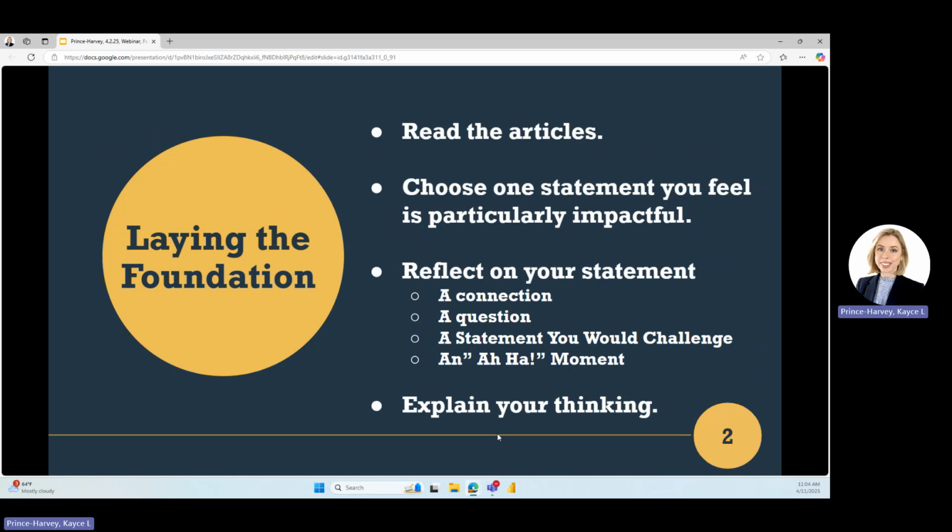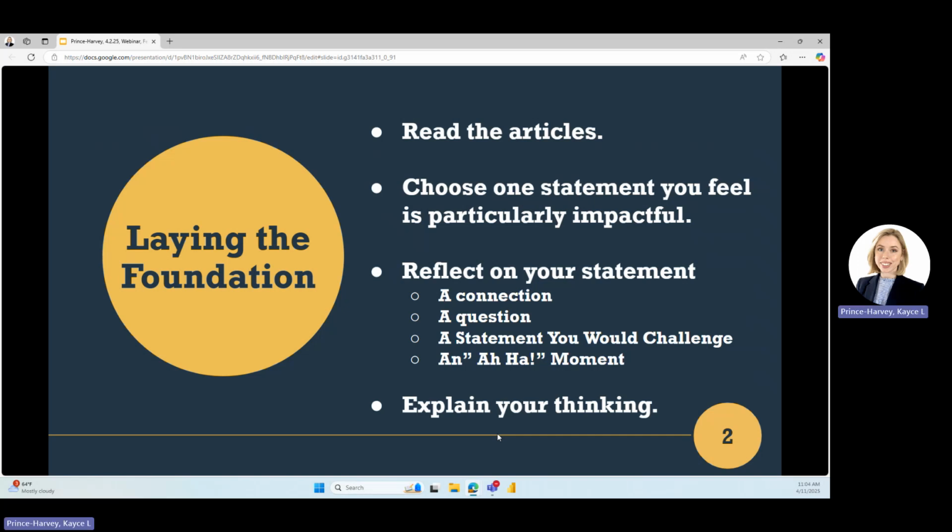In box 2 of your note catcher, you will see that there is a document that has 2 articles on feedback. So the first thing that we'll do to lay the foundation on feedback is to have you read those articles. And then on your note catcher in box 2, we want you to choose one statement from those articles that you feel is particularly impactful.